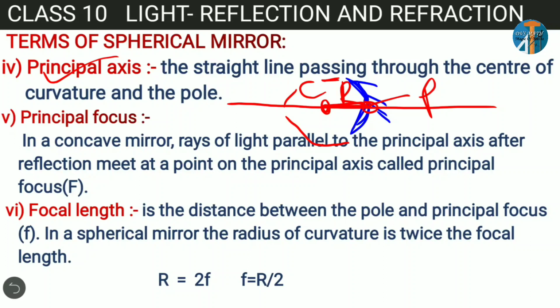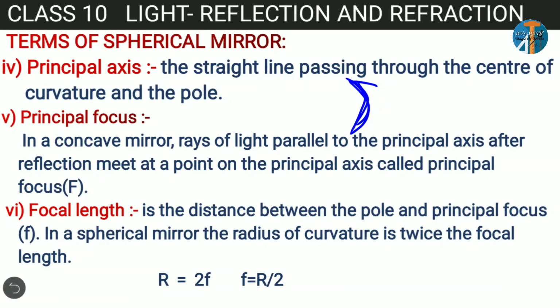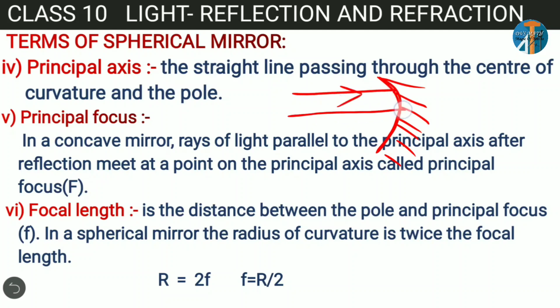Next is the principal focus. This is very important. As you know, we are talking about a mirror. Let us say light is falling on this mirror. The property of a mirror is that it reflects back.